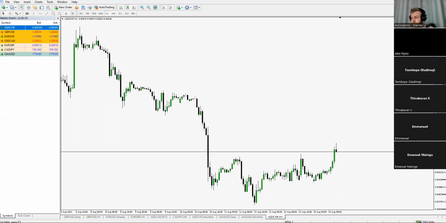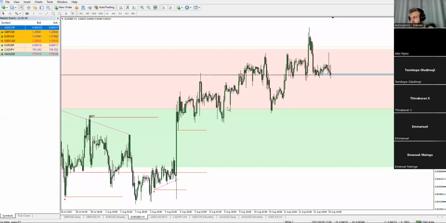When Euro GBP is bullish, that means the Euro is quite strong, because the Euro, the pound and the USD are the three strongest currencies, apart from the Swiss franc. And when Euro GBP is rallying higher, that gives strength to Euro.